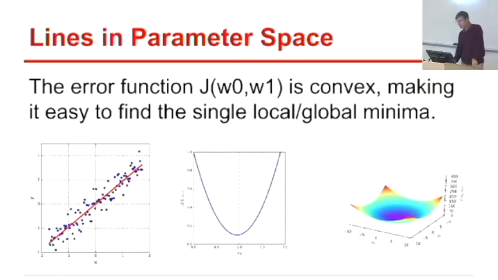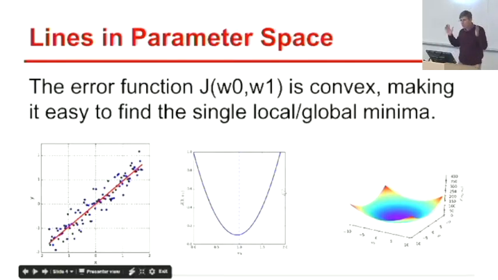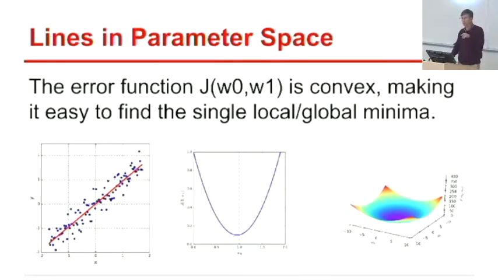So what does this mean? In fact, the error function that we are looking for has the property that it is convex. What does convex mean? A function is convex if it has one global minima, and no other local minima or maxima. Does everybody kind of get that idea?